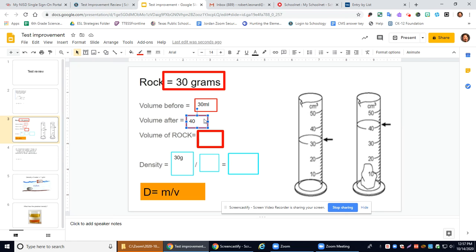What do we do with those two numbers? What we're going to do is subtract. So 40 minus 30 gives me a volume of 10 milliliters. That's the volume of that rock. Go ahead and show your work. Show 40 milliliters minus 30 milliliters equals 10 milliliters.